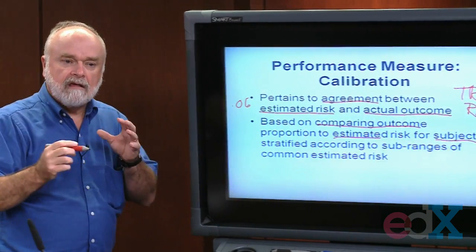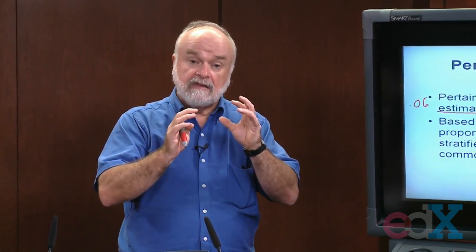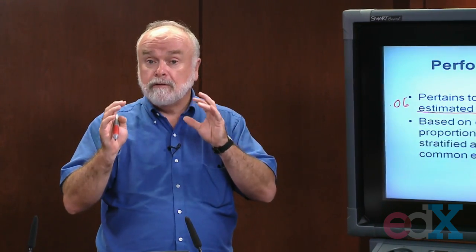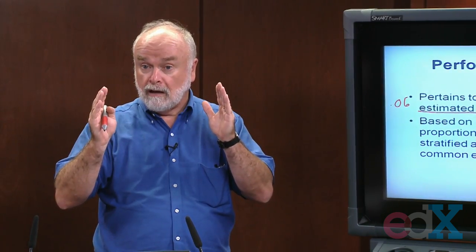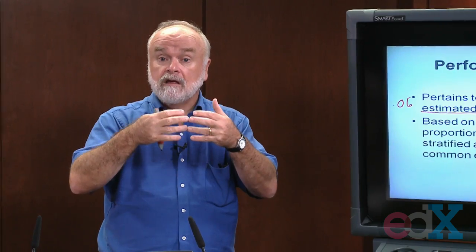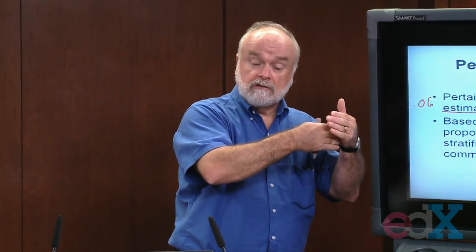So if I had 100 people, all of which had a predicted risk of 6%, what would be evidence that that 6% is valid, that it's calibrated? If 6 people die and 94 people don't die out of those 100 individuals, so the observed proportion of disease, cumulative incidence, is 6%. It matches perfectly with each individual's risk, which was 6%.